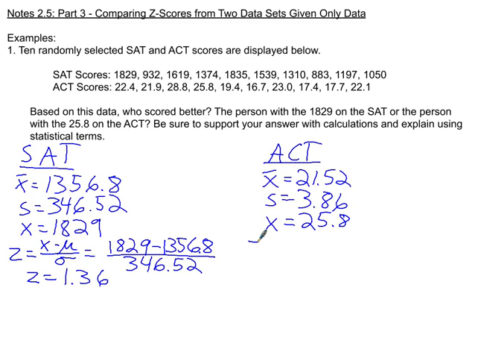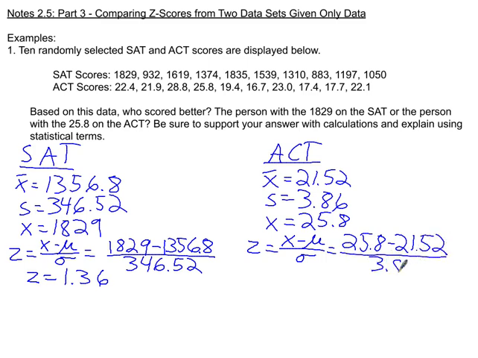Again, using the z-score formula, we have our data value minus the mean divided by the standard deviation. We have 25.8 minus 21.52, all divided by 3.86. We end up with a z-score of 1.11.